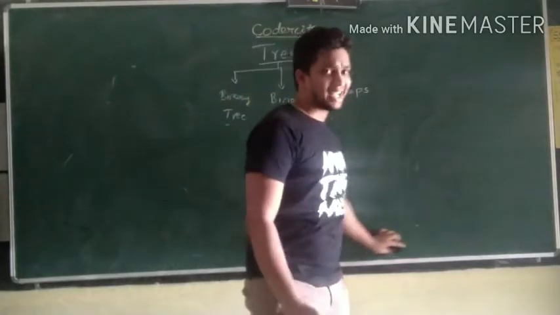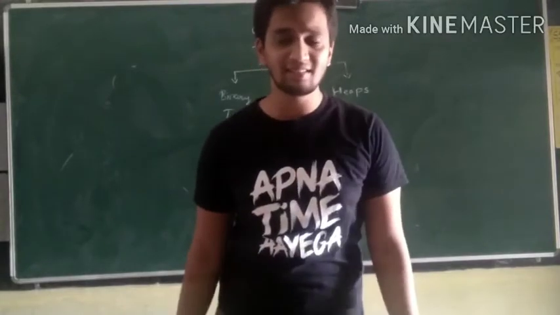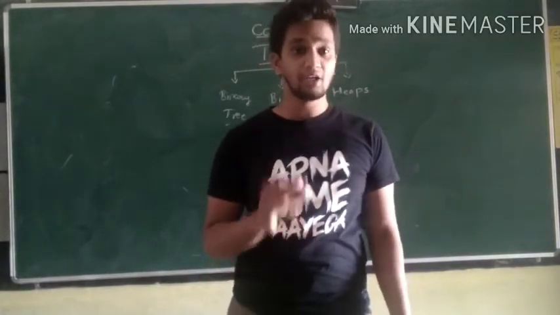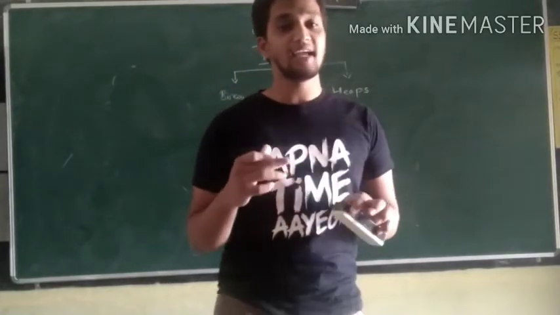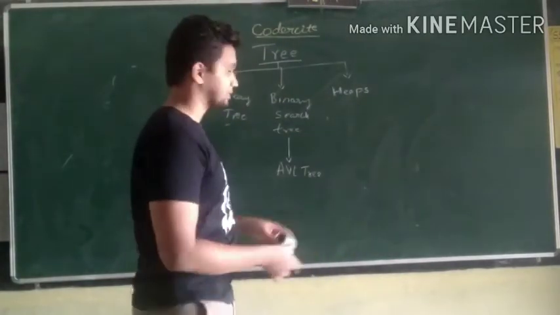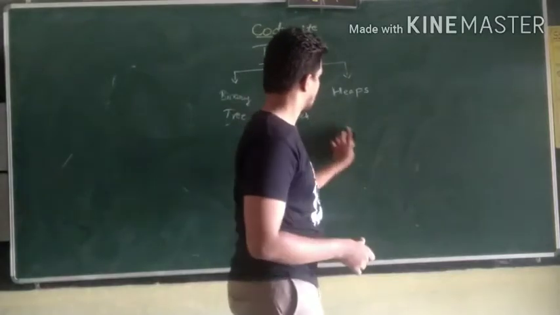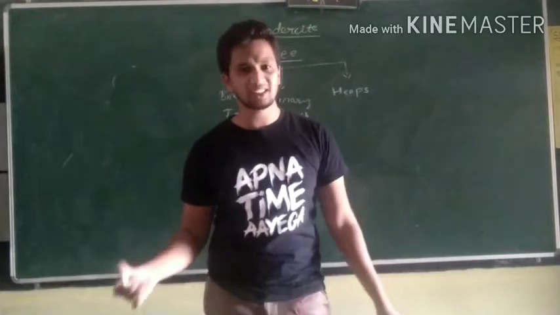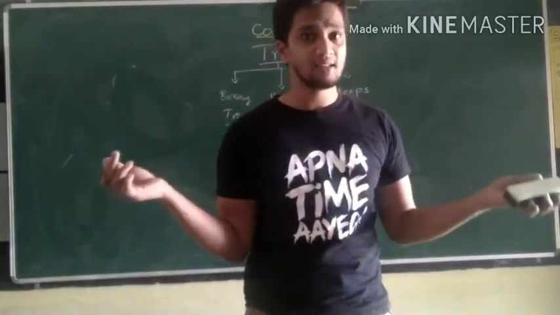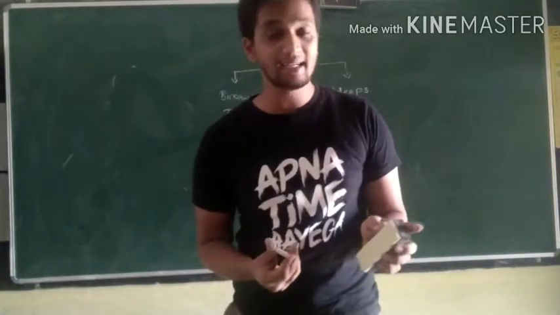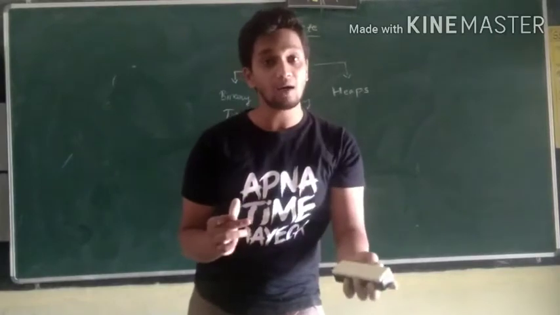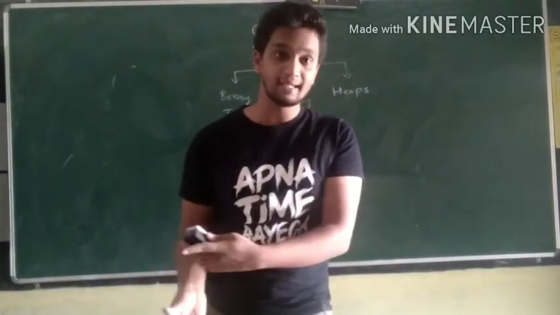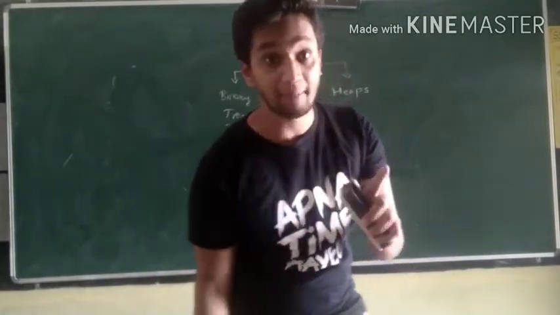So what's an AVL tree? An AVL tree is nothing but a self-balancing tree. AVL tree is a huge concept, not for this video. That's why I'll explain AVL in some other video. What are heaps? Heaps are also nothing but binary trees, but you can get either the maximum element in that list or the minimum element in that list in O of one time.